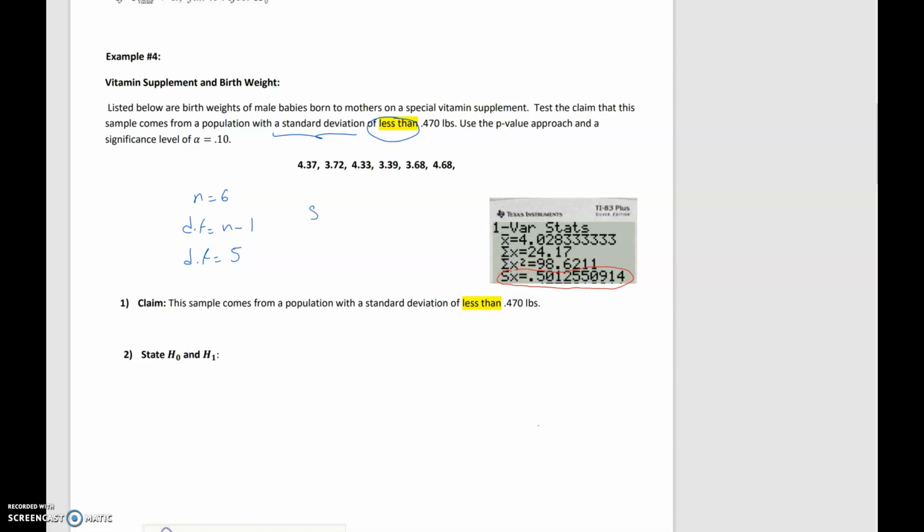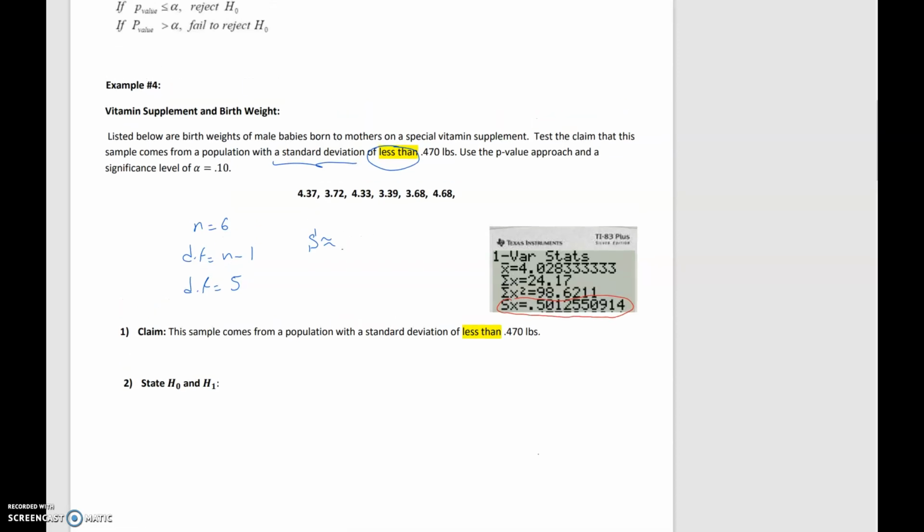We're going to be using that the sample standard deviation is 0.5013. I'm going to carry 4 values on the standard deviation just so that we match with the calculator: 0.5013.